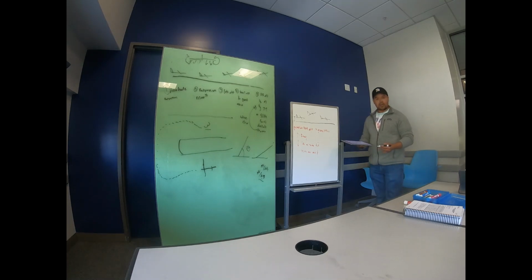Induced drag is the drag produced by the airfoil, and it's pretty much due to an increase in speed or an increase in angle of attack. So in ground effect, like I just said, you're at a lower angle of attack but still producing a larger amount of lift.